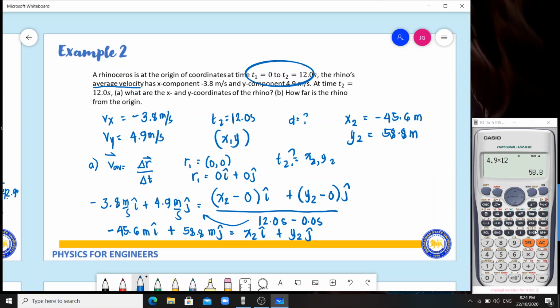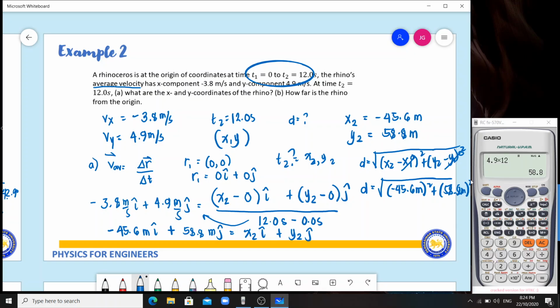Now, hanap niya is the distance from the origin. So, malamang the distance formula is x2 minus x1 squared plus y2 minus y1 squared, which the initials are 0, initial condition. So, mangyayari dyan is negative 45.6 meters squared plus 58.8 meters squared.